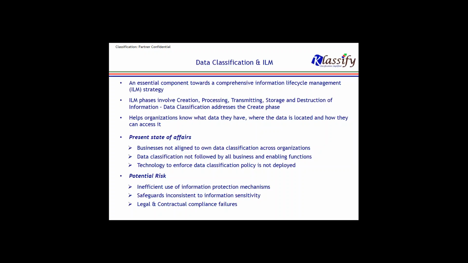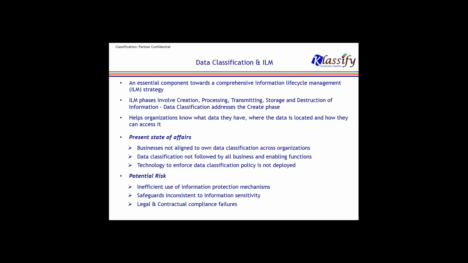Your information lifecycle management is as good as what it started off with when the information got created within an organization. And therefore, data classification helps organizations know what data they have, where the data is located, and how they can access it.